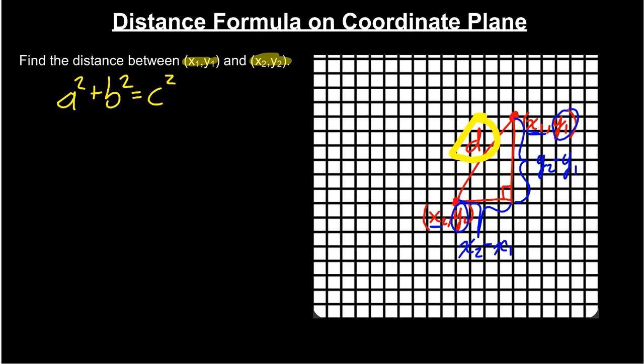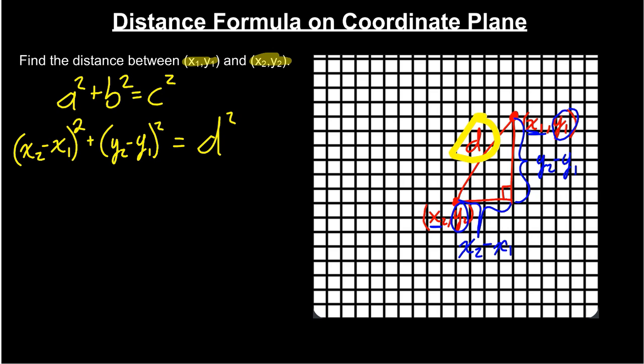So when we substitute that into this equation, we're going to have d squared by its lonesome. And then my a squared, so one of those a squareds is going to be x2 minus x1 squared plus the b is going to be our other leg, y2 minus y1 squared.